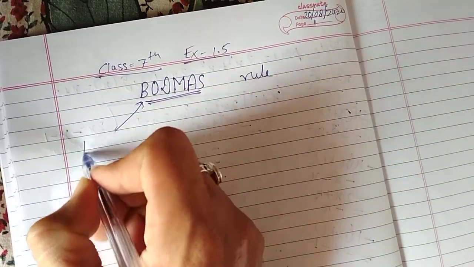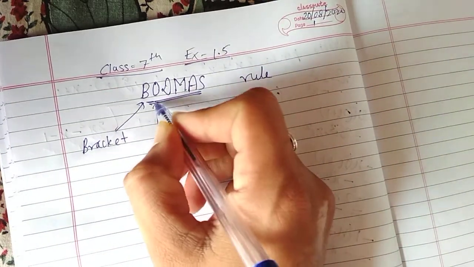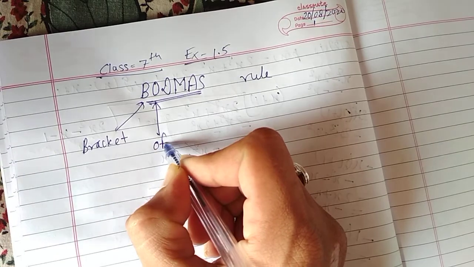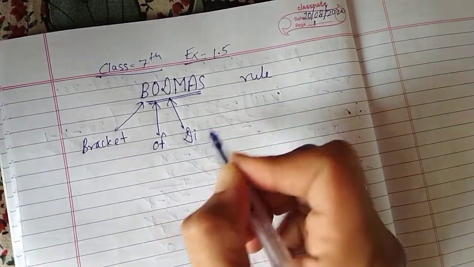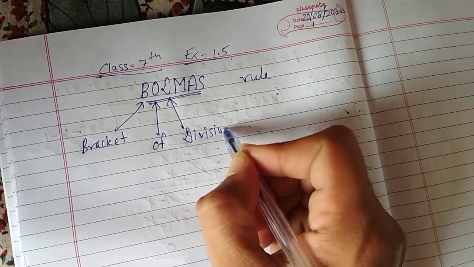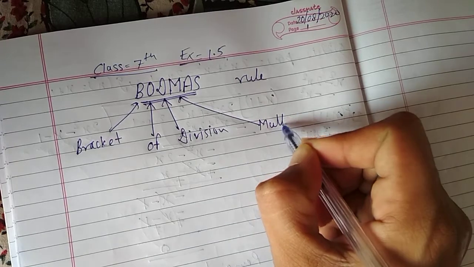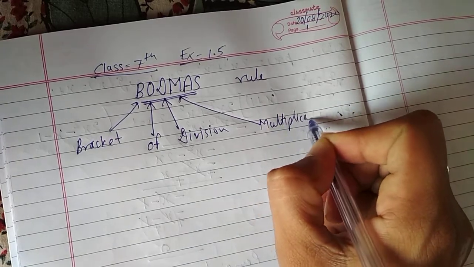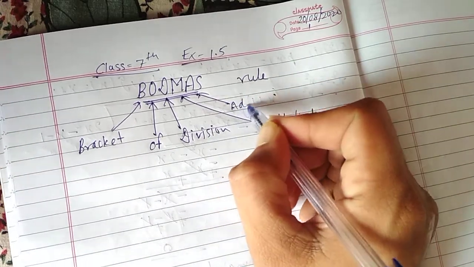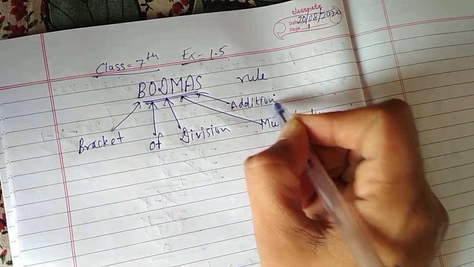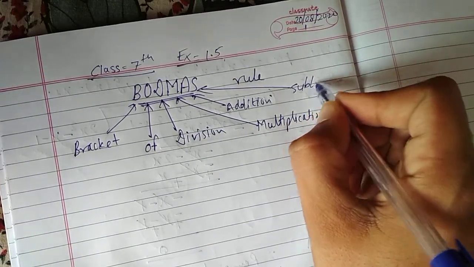B for bracket, O means of, D means division, M multiplication, A addition, S subtraction.